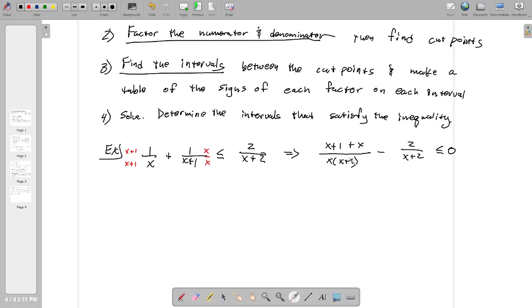Okay, now we have another sum of fractions. We have a fraction here and a fraction here. We need to find a common denominator between these two now. And that common denominator will be x times (x + 1) times (x + 2).